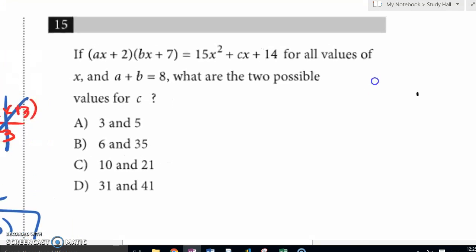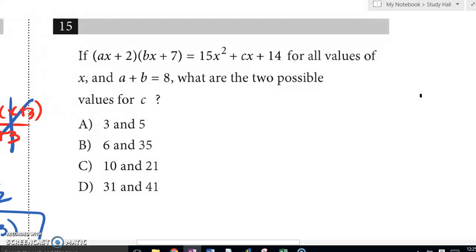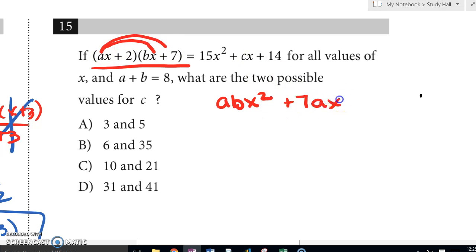Okay. Number 15 says if ax plus 2 times bx plus 7 equals 15x squared plus cx plus 14 for all values of x, and a plus b equals 8, what are the two possible values for c? So what you would do here is FOIL the original, and you would get abx squared, ax times 7, 2 times bx, and 2 times 7.